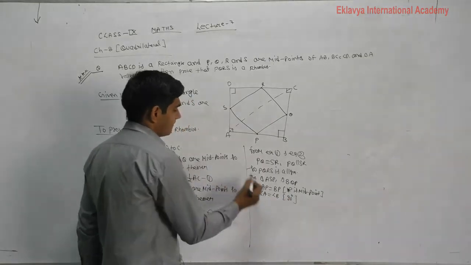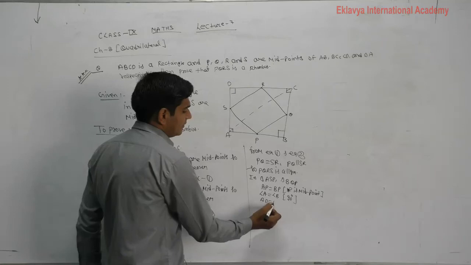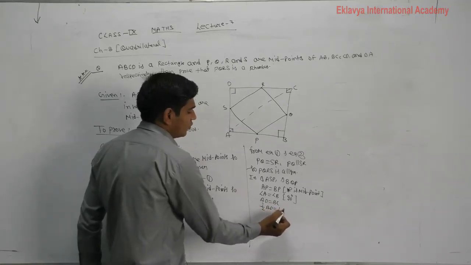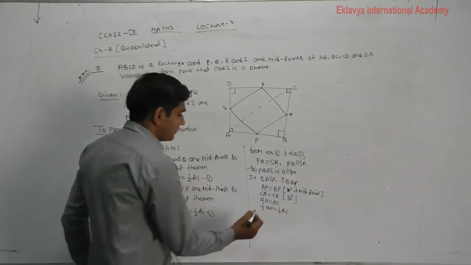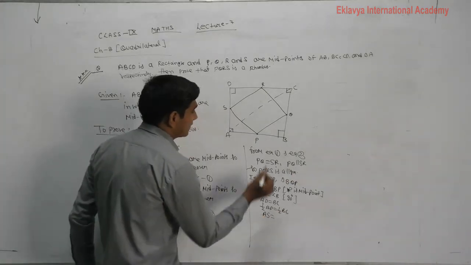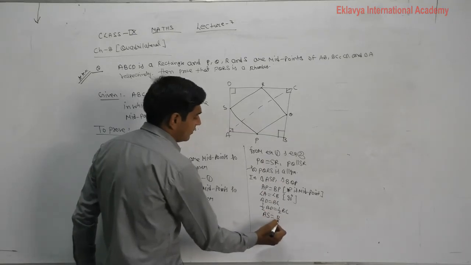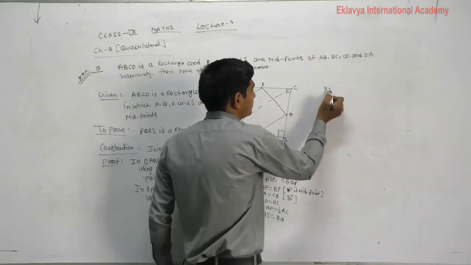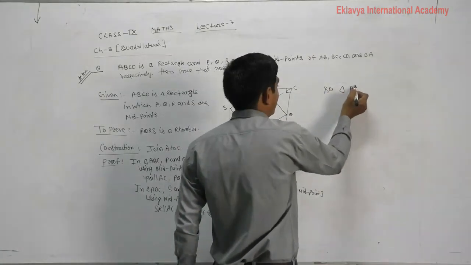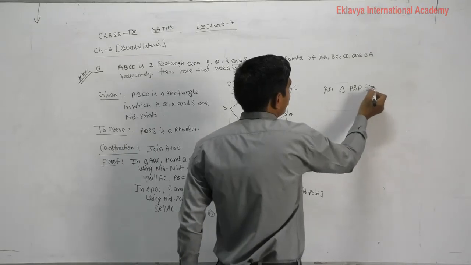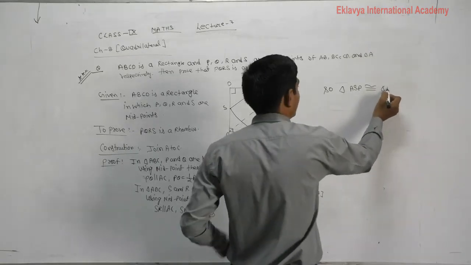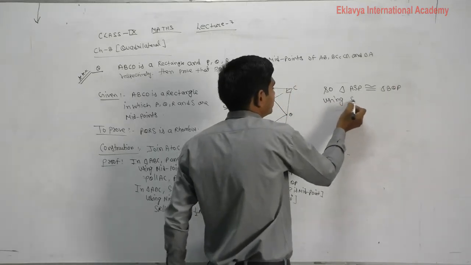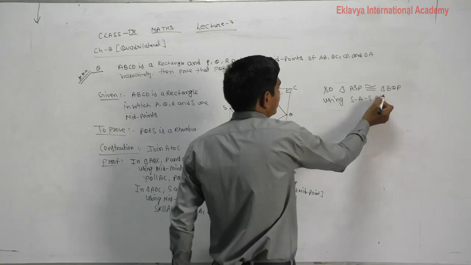Third reason, AD is equal to BC, so half of AD is equal to half of BC. Half of AD we can write as AS, half of BC we can write as BQ. Okay. So triangle ASP is congruent with triangle BQP using the SAS rule.